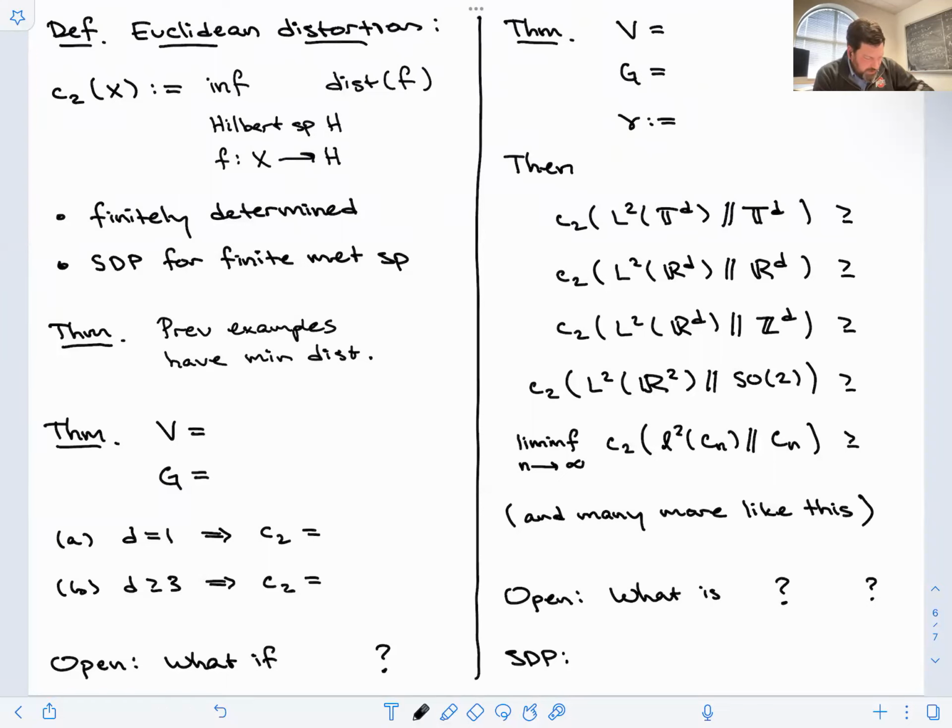So first, consider little L2 of the naturals where the image space isn't necessarily R, it's going to be R^D. So these are sequences of vectors in R^D where the norms of those vectors are square summable.